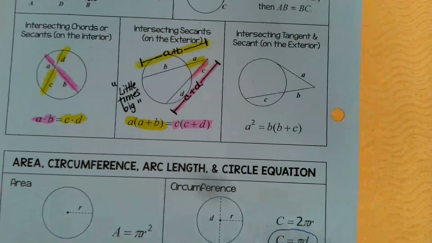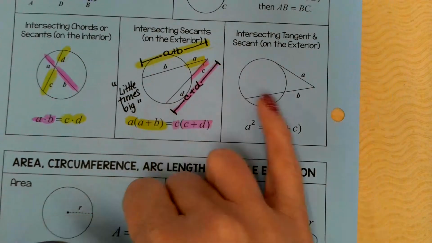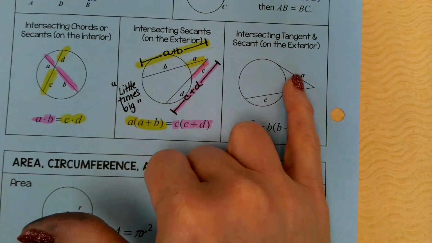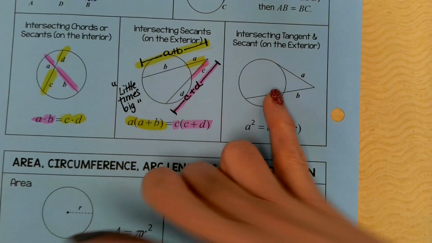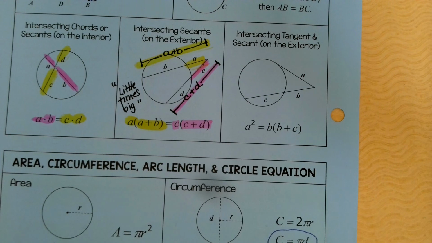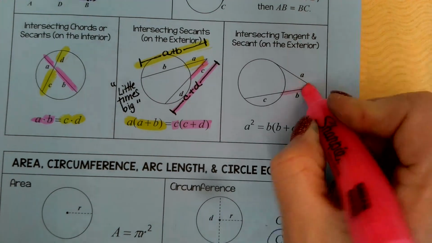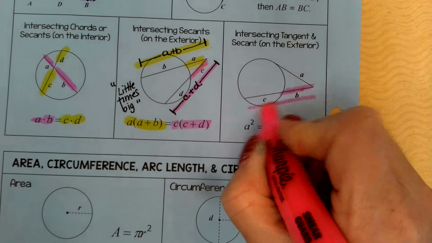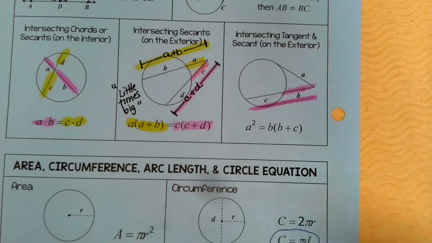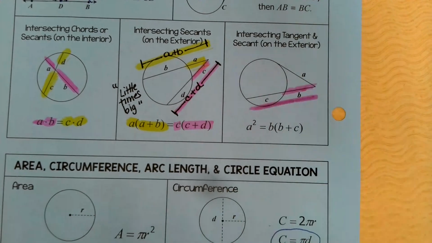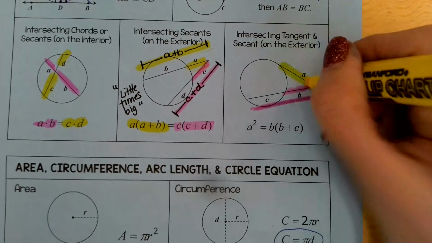The third one is kind of the same as this, but we have a tangent and a secant. So it's the same thing. Let's use the color we use down here because this is the same. But I can't do that up here, so let's just highlight this piece.